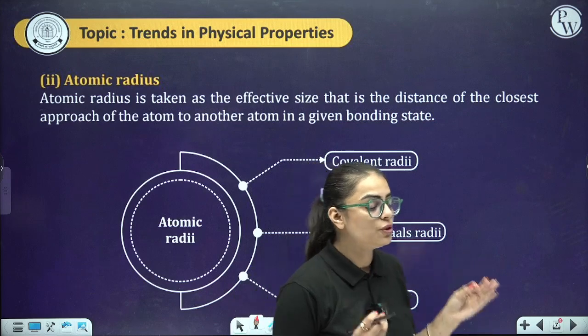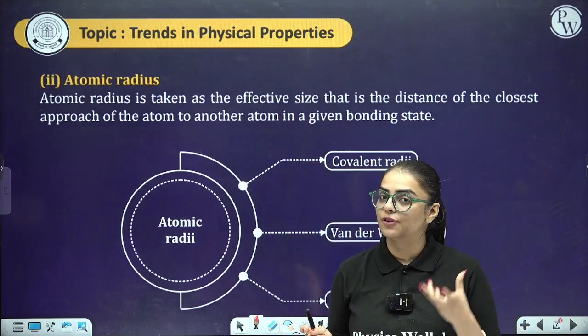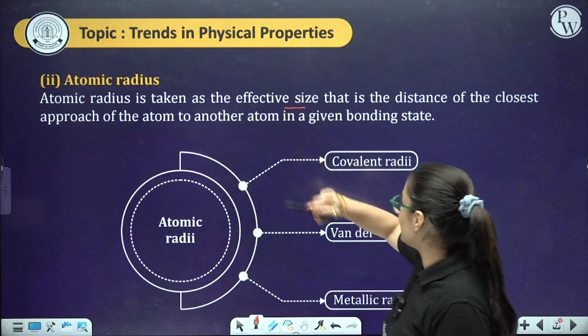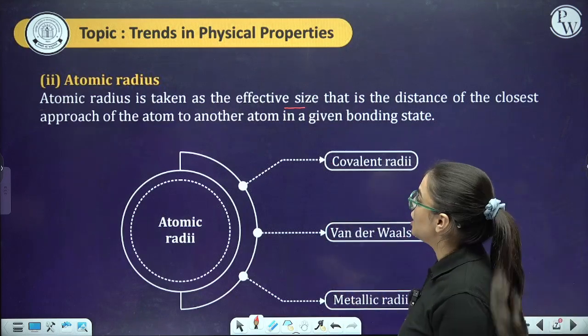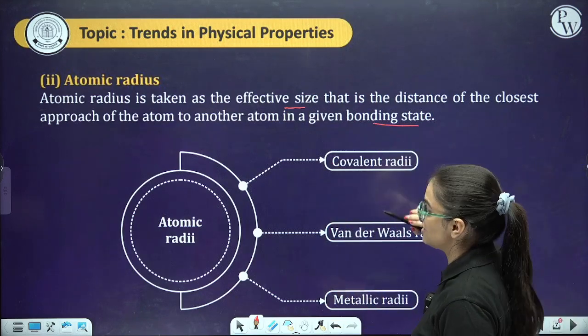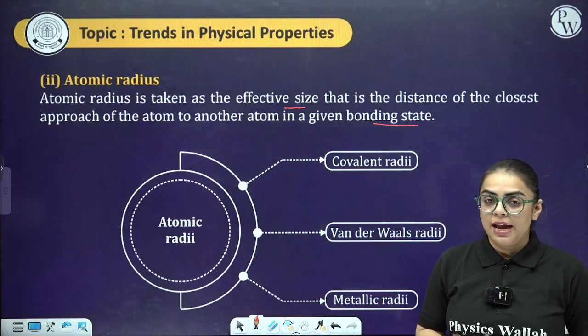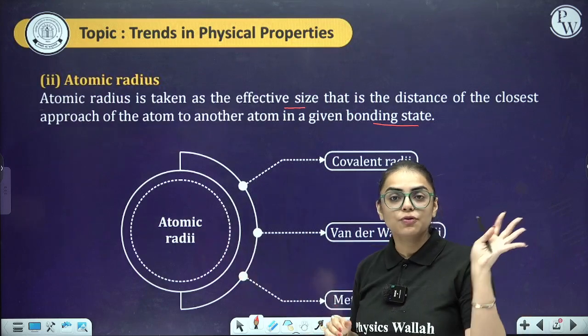The distance from the nucleus to the outermost shell valence electron is referred to as atomic radii. Atomic radii is taken as the effective size, that is the distance of the closest approach of an atom to another atom in a given bonding state. Now there are four kinds of atomic radii.